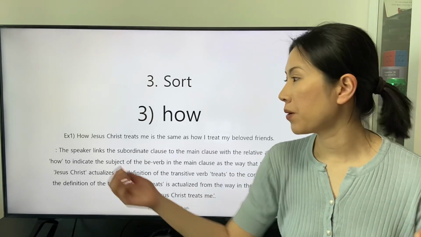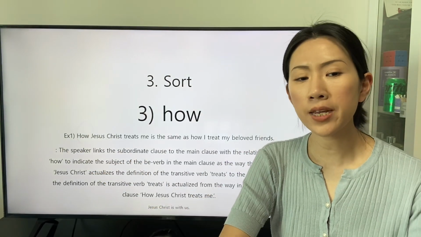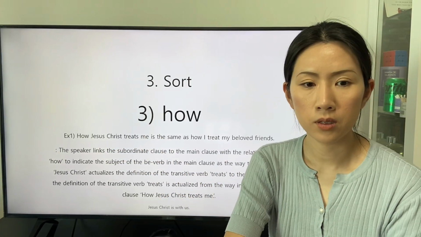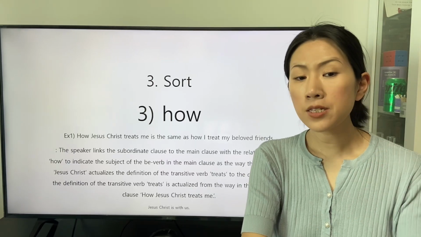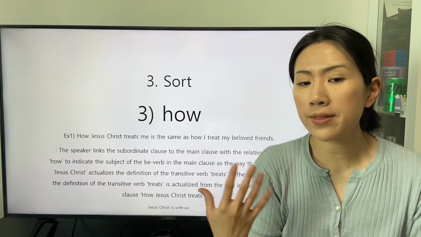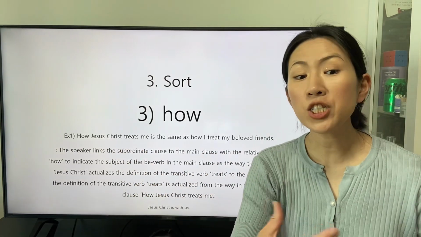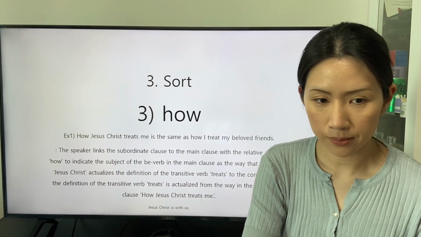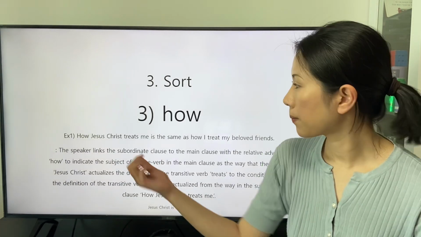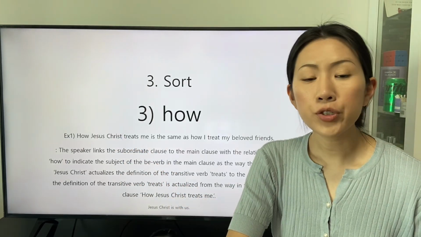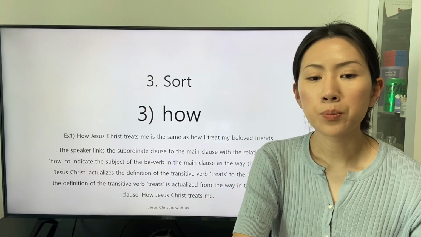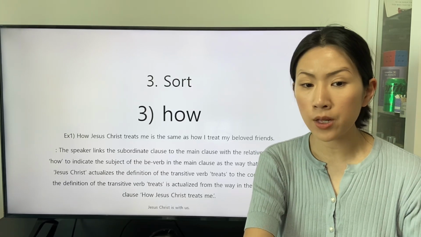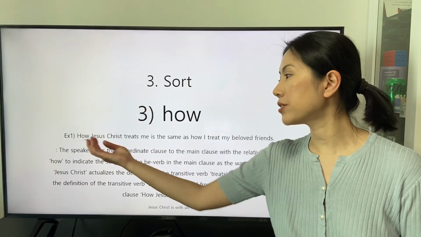With the relative adverb how to indicate the subject of the be verb in the main clause, as the way that the subject Jesus Christ actualizes the definition of the transitive verb treat, to the condition that the definition of the transitive verb treat is from the way in the subordinate clause, how Jesus Christ treats me.